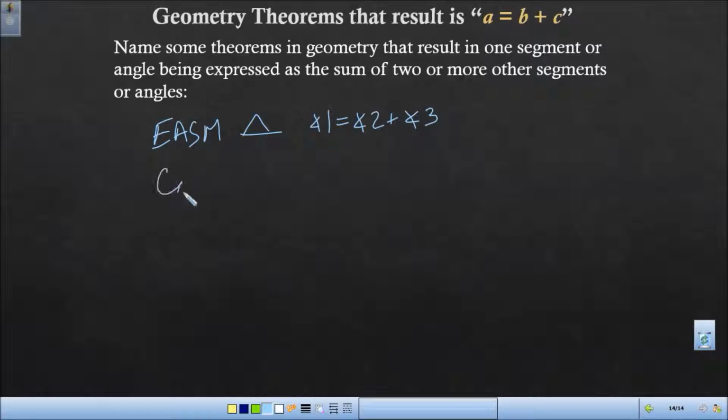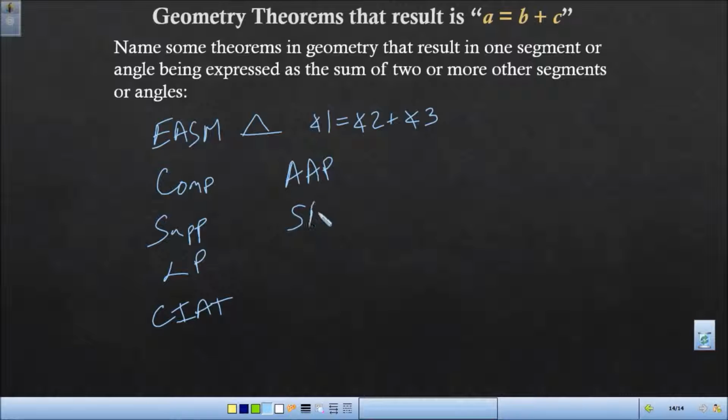There's complementary angles, supplementary angles, linear pairs, the consecutive interior angles theorem, the angle addition postulate, the segment addition postulate, the triangle angle sum theorem, and the right triangle angle sum theorem. All of these things result in things being added up equal to something else, and that's the idea. Any of these can be used then to generate inequalities.